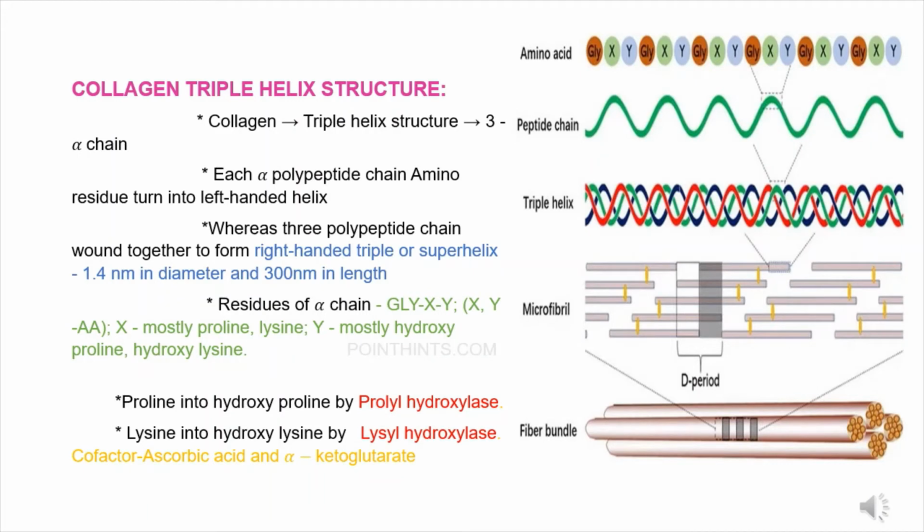Proline is hydroxylated by the enzyme prolyl hydroxylase to form hydroxyproline, and lysine is hydroxylated to form hydroxylysine by lysyl hydroxylase, with the cofactors ascorbic acid, which is vitamin C, and alpha-ketoglutarate, which catalyze the enzyme activity.